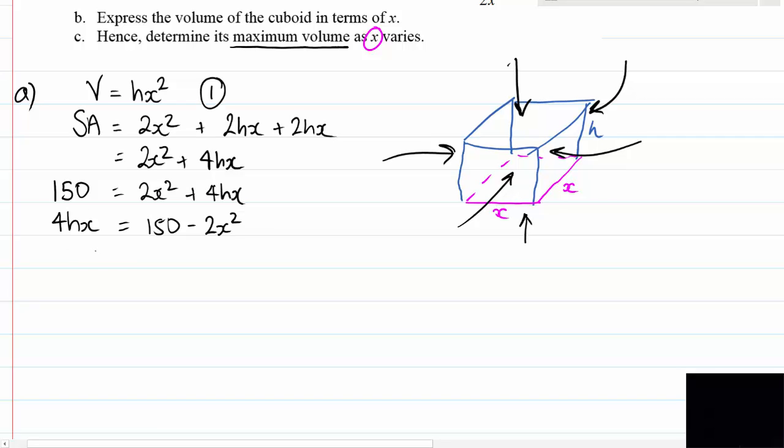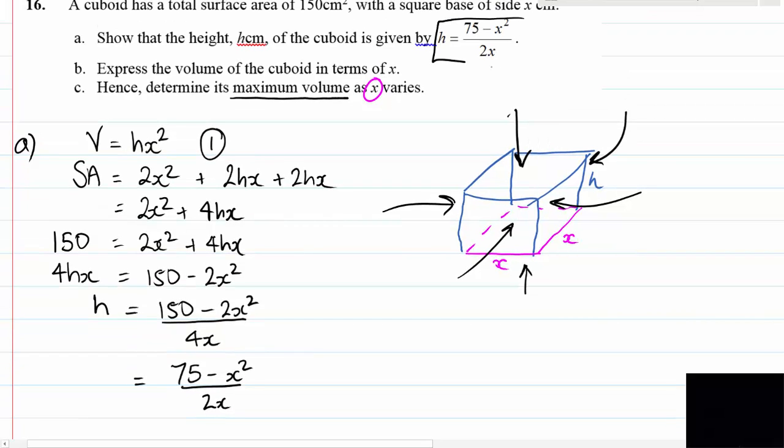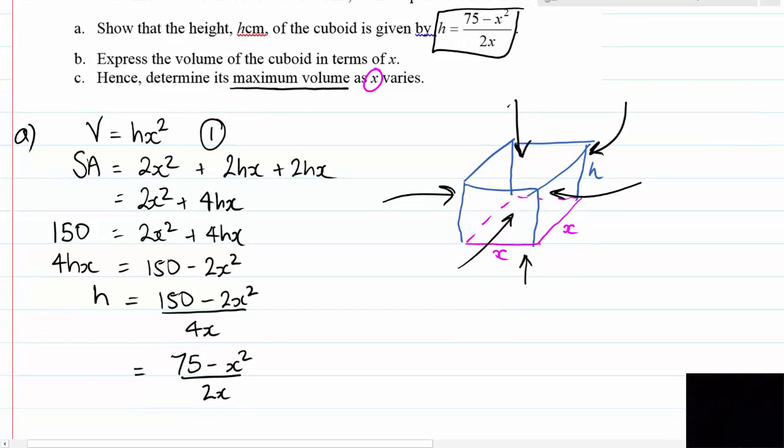I'm going to divide by 4x to give me h equals 150 minus 2x squared all over 4x. And that can obviously be simplified by dividing everything by 2 to give me 75 minus x squared over 2x, and that's what's required of me there. Now if you've got a scaffolded question like this, obviously you know where you're aiming, so you can use that to help you a little bit.